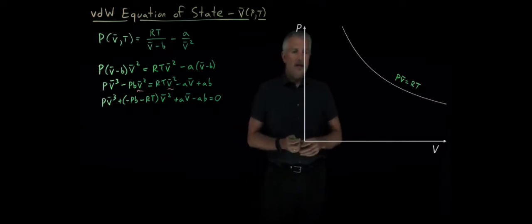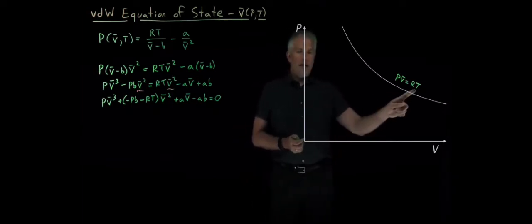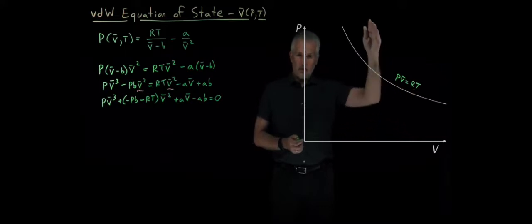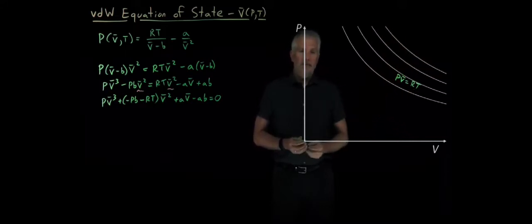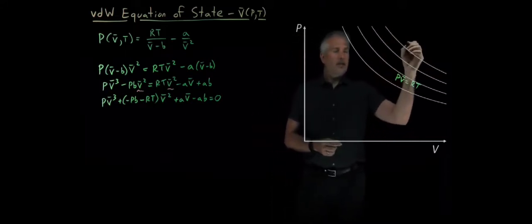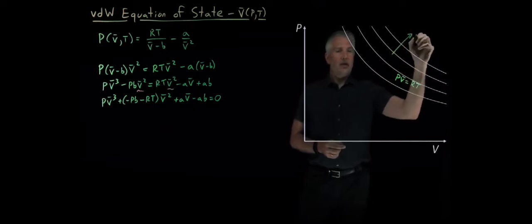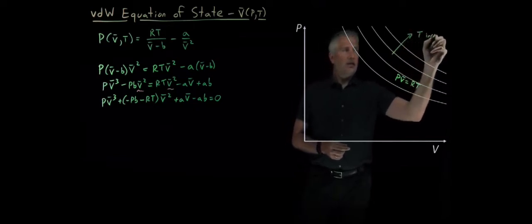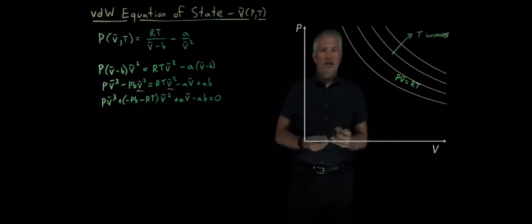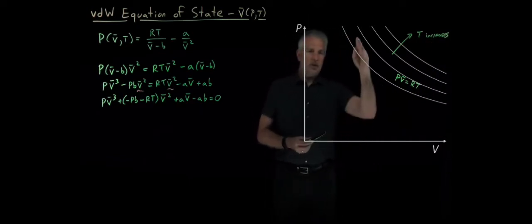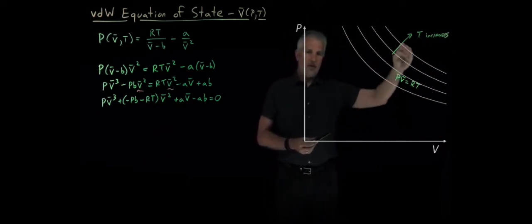If I plot that curve for not this temperature, but some higher temperatures as well, let's bring in some additional lines. Each of these lines is for a different temperature. Here's a moderate temperature, and here's a relatively high temperature.